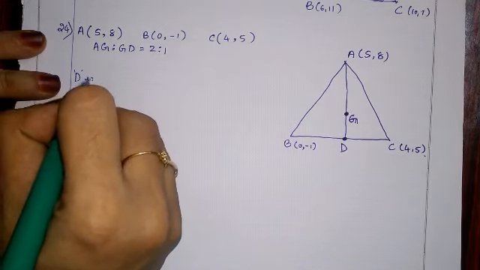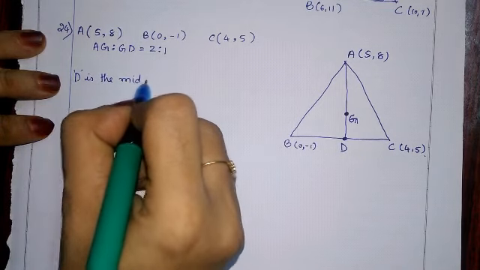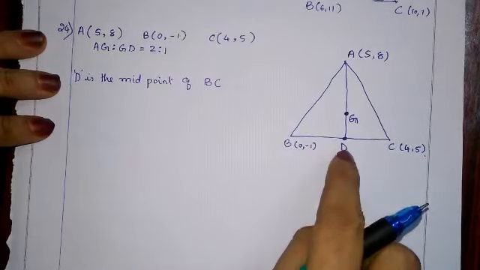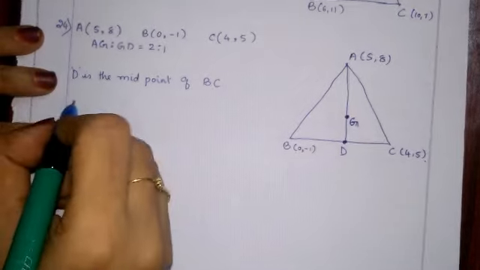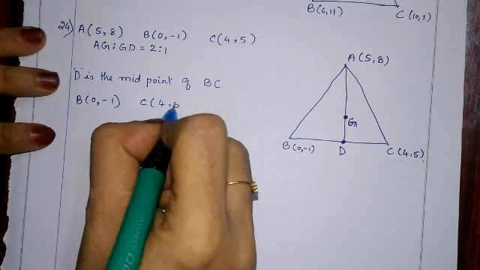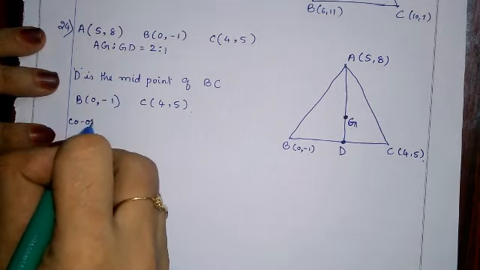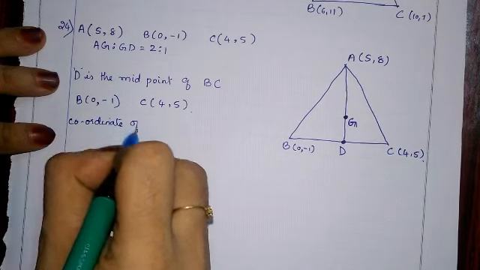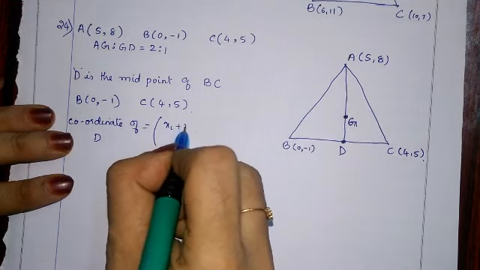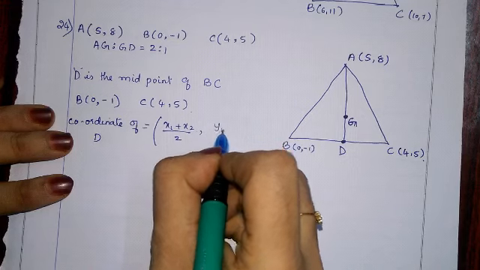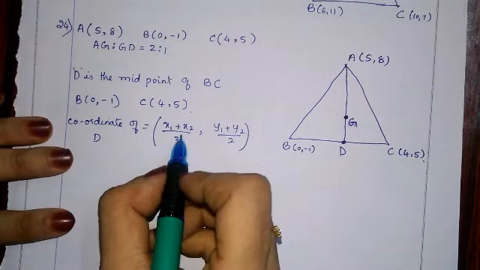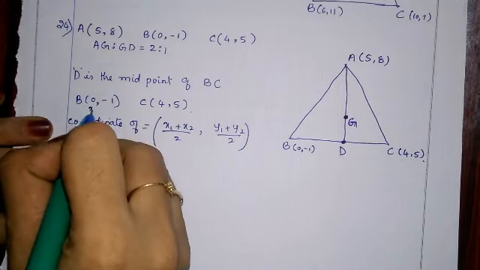So let me write, D is the midpoint of BC. So B is (0, -1) and C is (4, 5). Let us find the coordinates of D. We know the midpoint formula: ((x1 plus x2) by 2, (y1 plus y2) by 2).